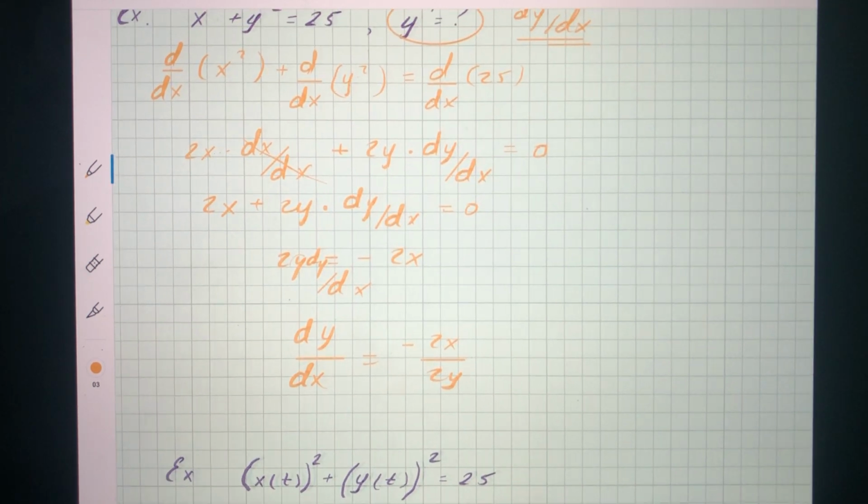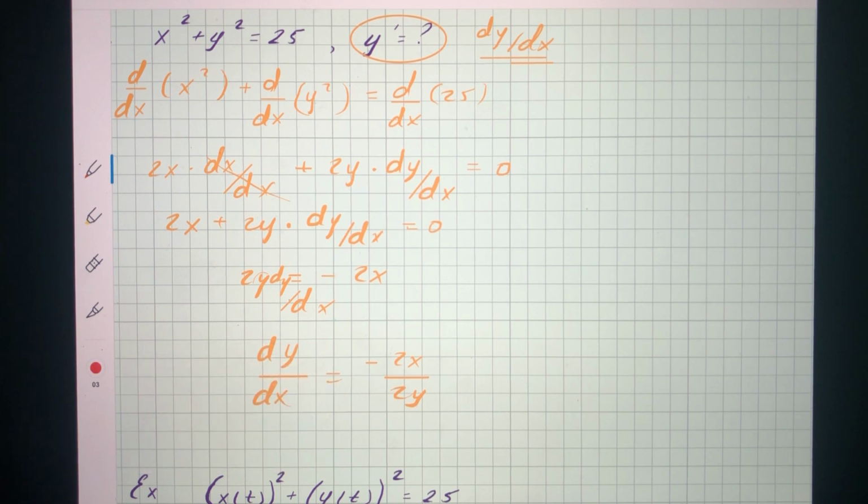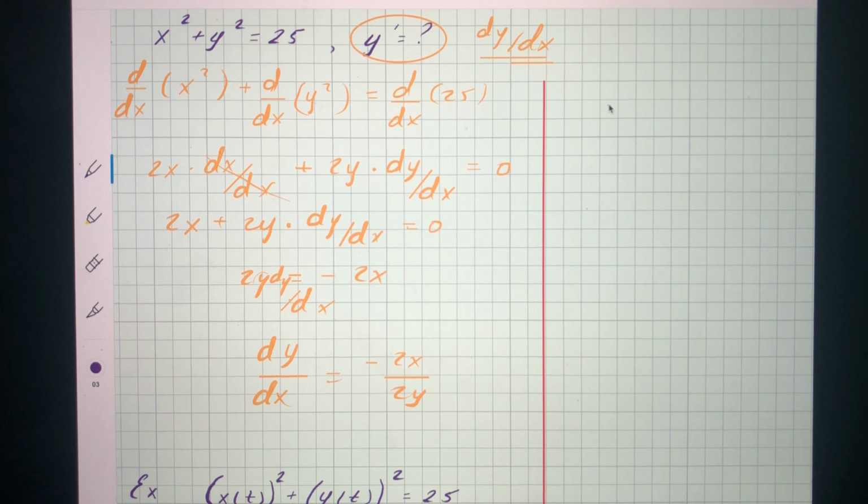We could have also done the same question using the Newton notation, but simply remembering to add times y prime when we take a derivative of the function y. So here, let's do the same question using the Newton notation. Since both of these notations can be used, it is the user who decides which notation is better.